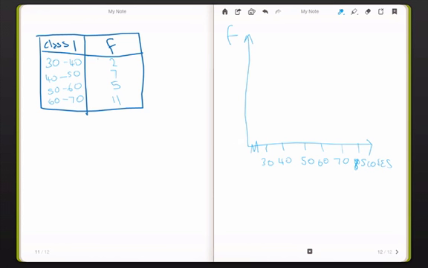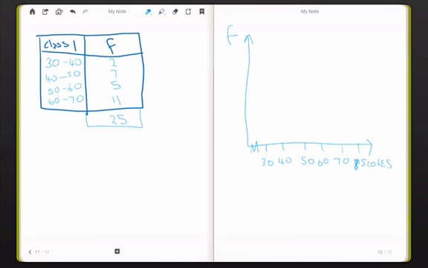Now, how many things do we need? We don't need 11 because this is accumulating. So how many things do we have all together? 2 plus 5 is 7, plus 5 is 12, plus 11 is 23... so we have 25 people who took this test, okay? So we're adding up how many things there are all together.